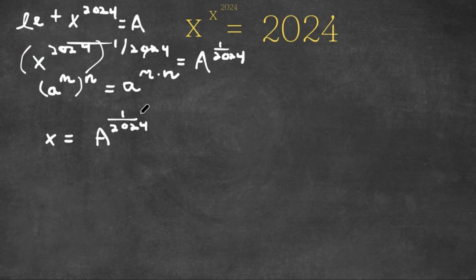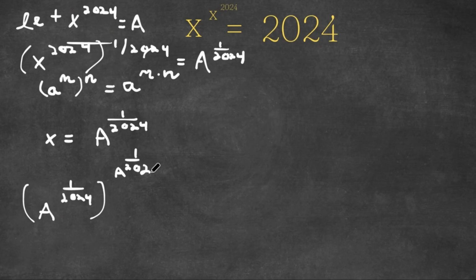And if I plug in a to the power of 1 over 2024 for x, I get a to the power of 1 over 2024 to the power of a to the power of 1 over 2024 to the power of 2024. And now this is equal to 2024.